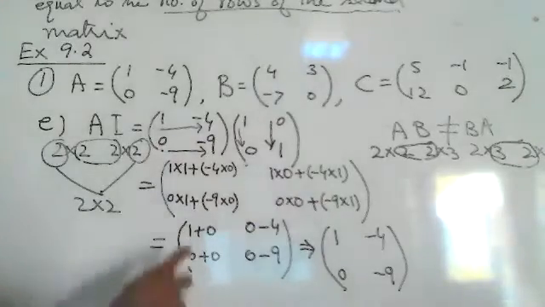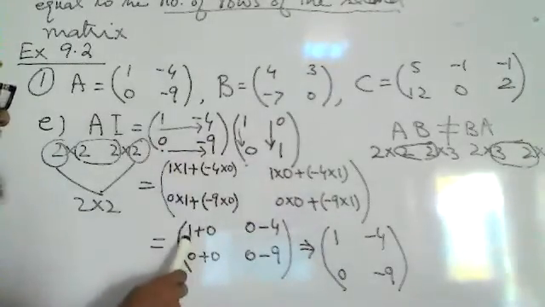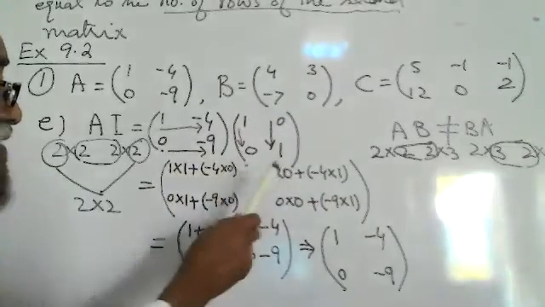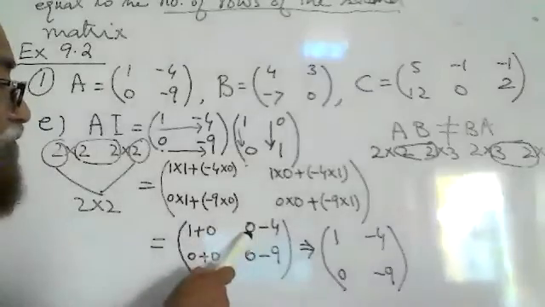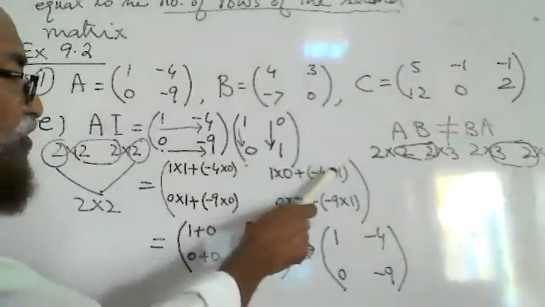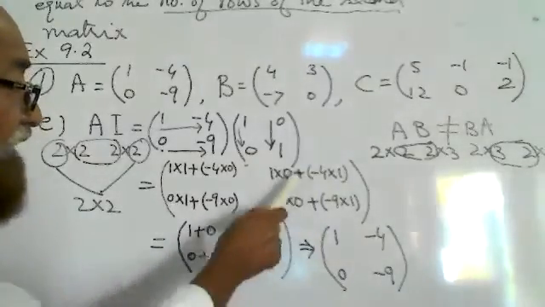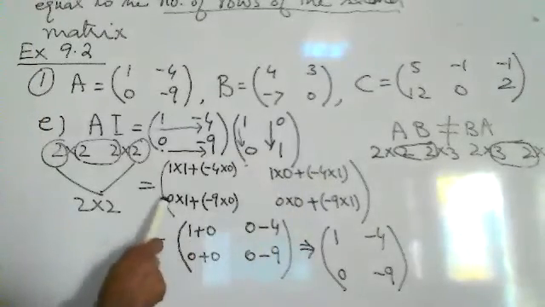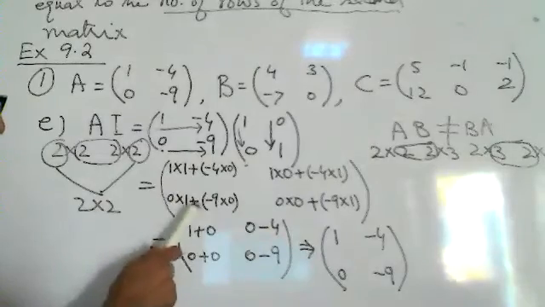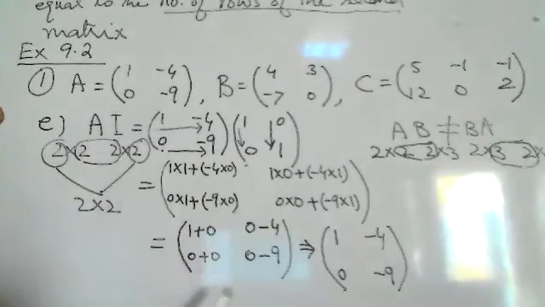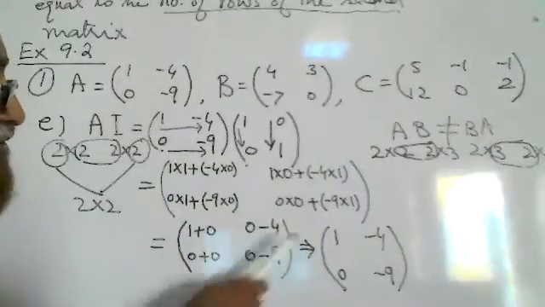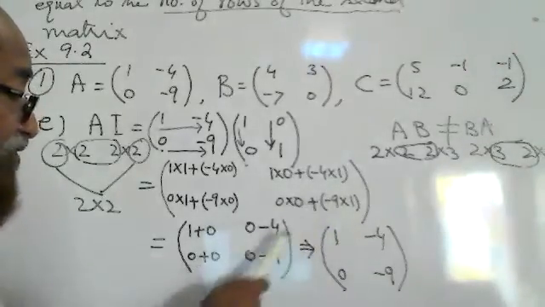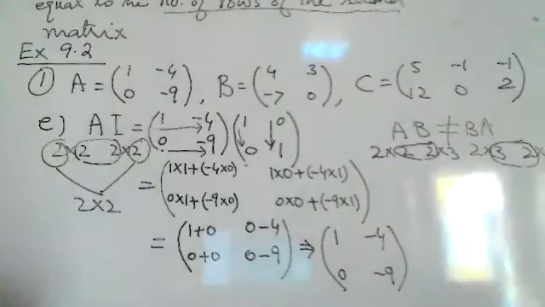So it will become 1 into 1 will be 1 plus minus 4 into 0 will be 0. 1 into 0 will be 0 plus minus 4 into 1 will be minus 4. So next row, 0 into 1 will be 0 plus minus 9 into 0 will be 0. 0 into 0 will be 0 plus minus 9 into 1 is minus 9.